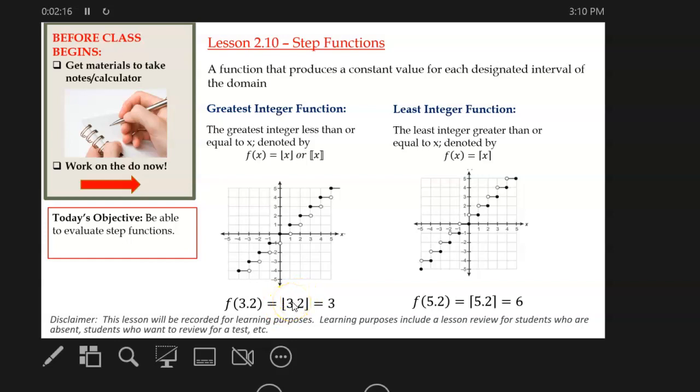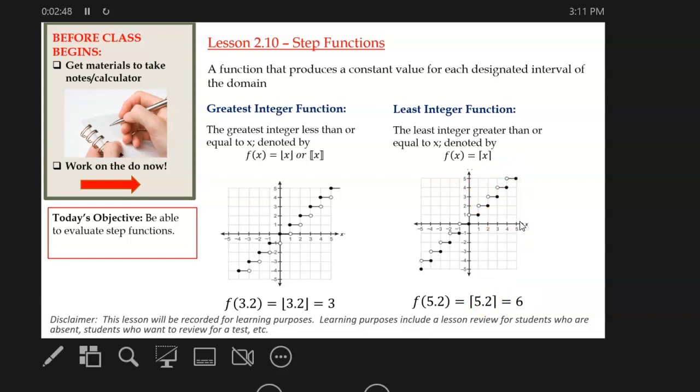It is the greatest integer less than or equal to x. 3.2 would lie somewhere in this vicinity, and we know that the greatest integer less than or equal to that is 3.